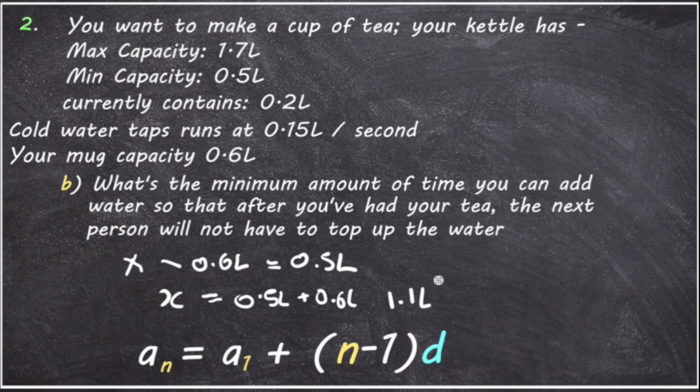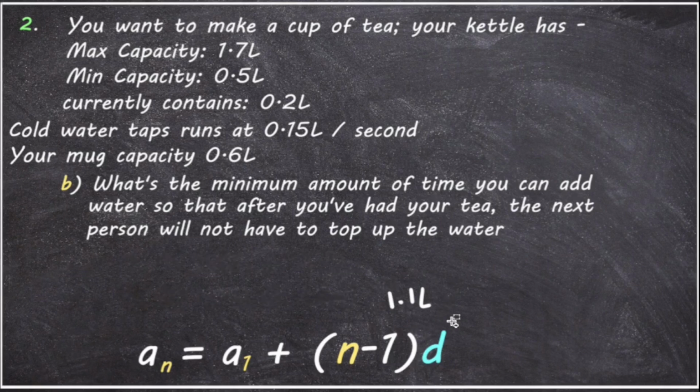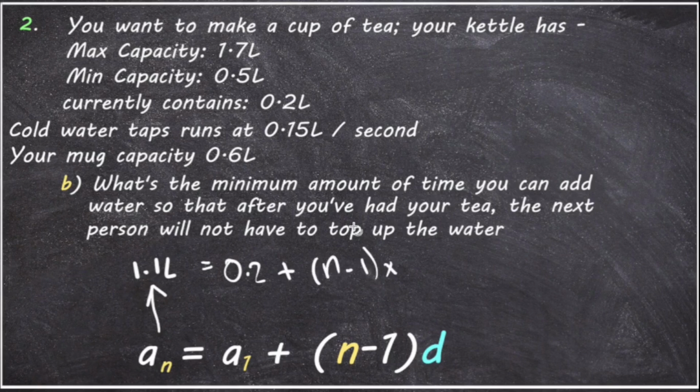And now we need to figure out how long it takes to fill the kettle up to the 1.1 liter level, and we can use the arithmetic sequence for that. So we're looking for the value at the term A sub n. The value we want is 1.1 liters. A sub 1 equals 0.2 liters because the kettle is almost empty, and then we're adding n minus 1, and that's multiplied by the amount of liters the tap gives every second, and that's 0.15.